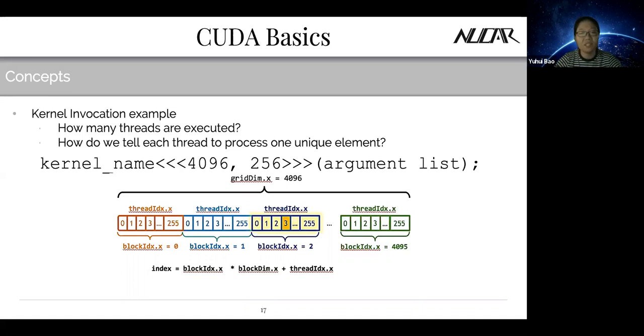Let's see this example. The kernel configuration is 1496 and 256. The first one is the number of blocks we have, so we have 1496 blocks, and their index numbers are from 0 to 1495.